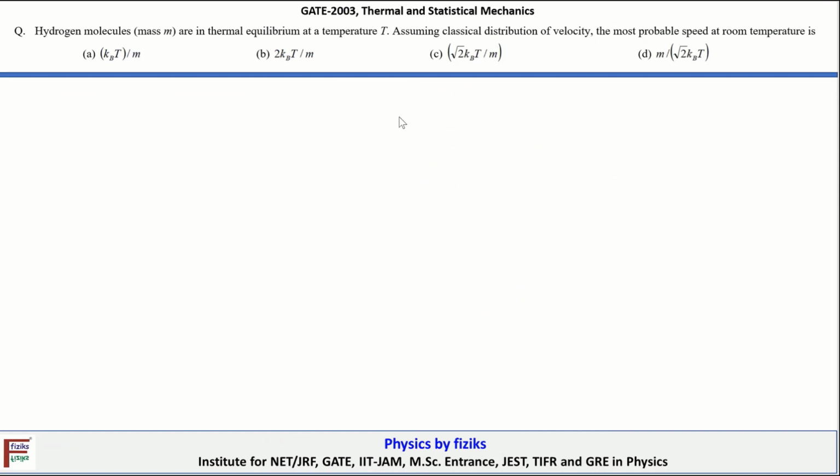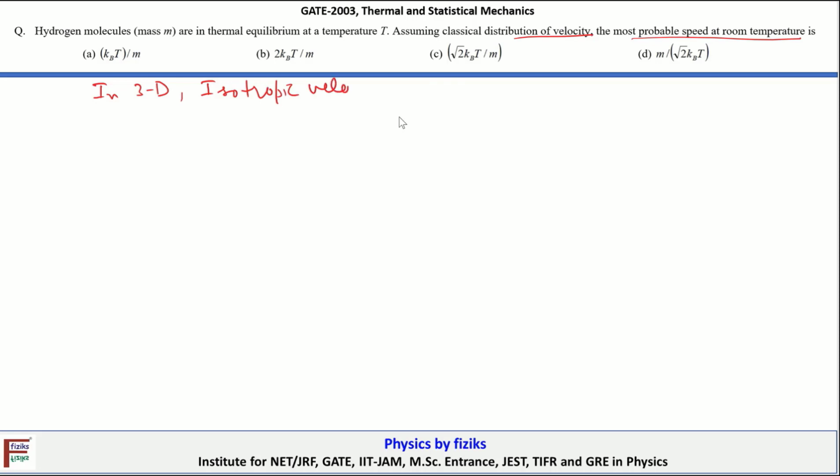So let's continue with the next problem. Hydrogen molecules of mass m are in thermal equilibrium at temperature T. Assuming classical distribution of the velocity, the most probable speed at room temperature is given by. In 3 dimensions we know that we assume the isotropic velocity space.